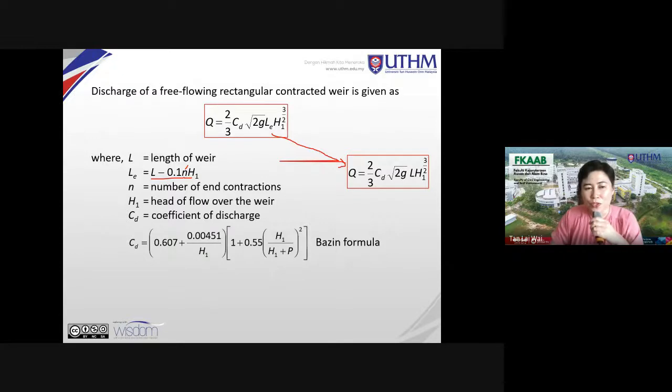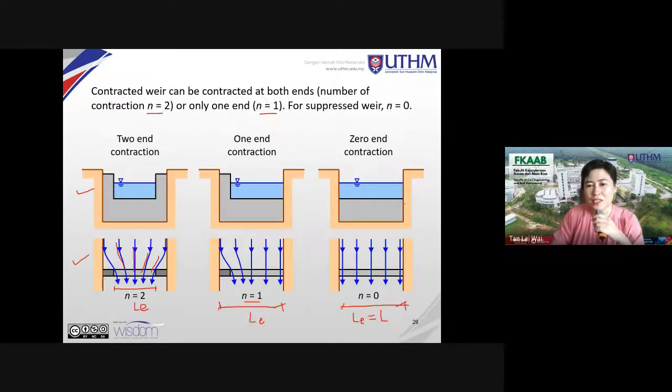If it's contracted at one side, then your n is equal to 1. If both sides are contracted, your n is equal to 2. So basically, you can just use one equation, since you get back your LE equals L if it's suppressed, when n is equal to 0.